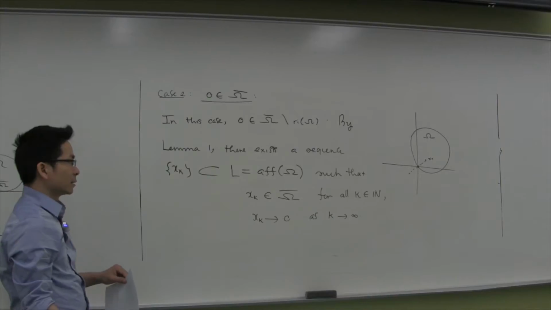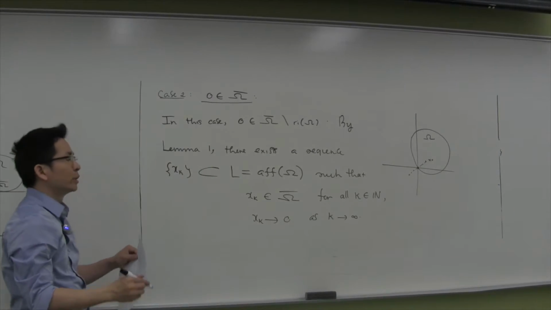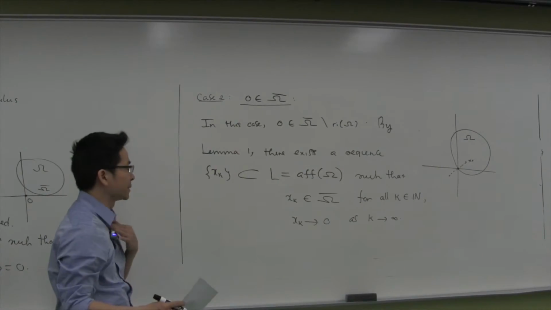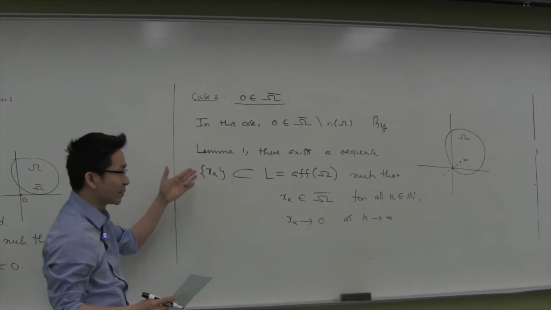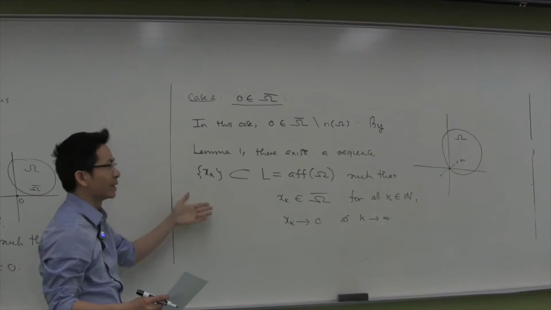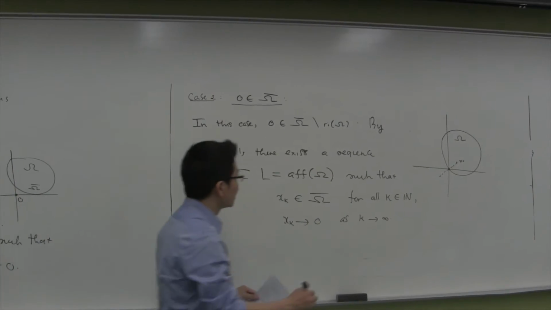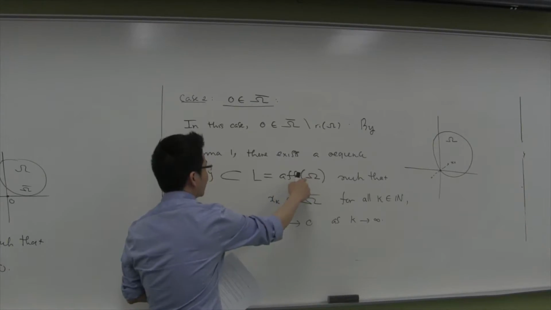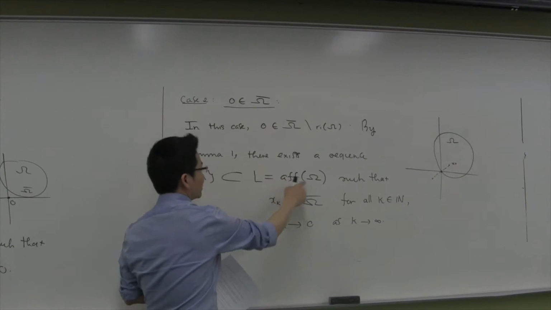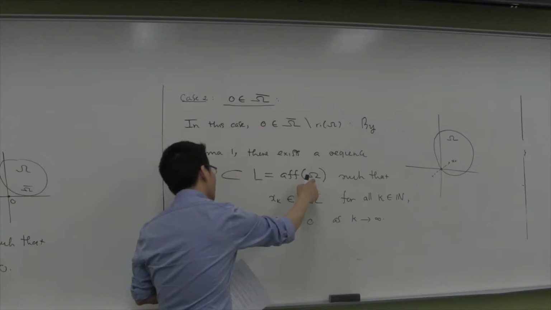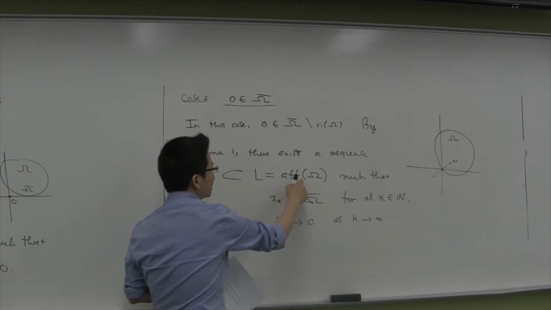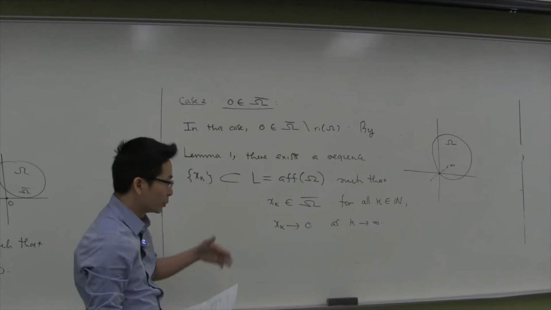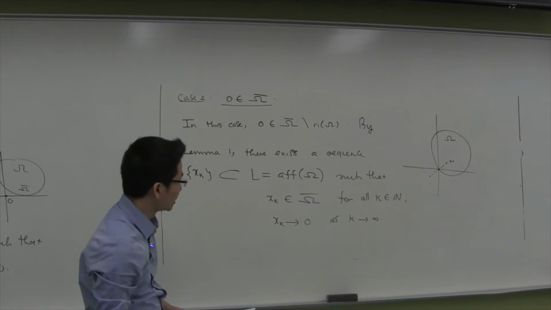Okay. Now, before we have already proved a version of convex separation theorem in a subspace of Rn, and in this case, we look at the subspace L generated by the set omega, and we know that this set is a subspace of Rn, and we proved it in a remark written earlier.